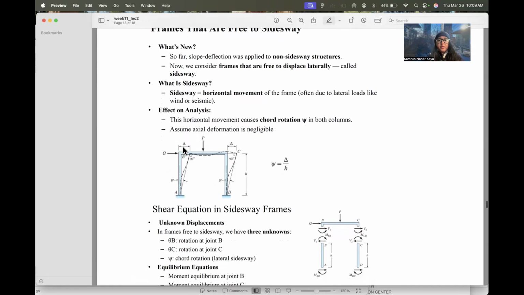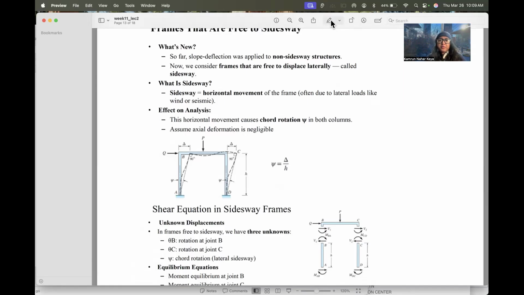So what if we have that horizontal or lateral force? Then we need to consider that when computing the slope deflection method for the frame. Now the psi: in the previous example, we said that the psi AB term was 0, but here it will not be 0 anymore. So what will the psi be?